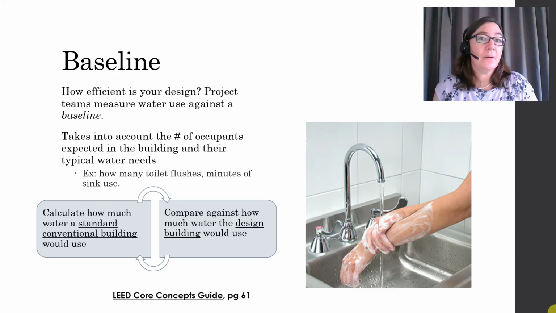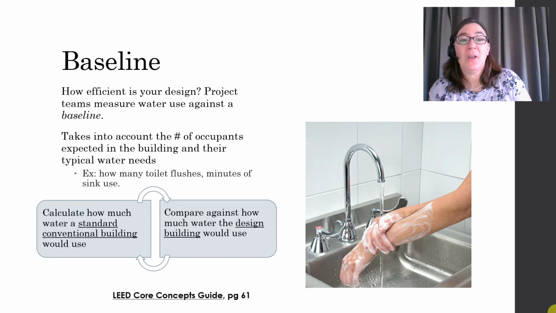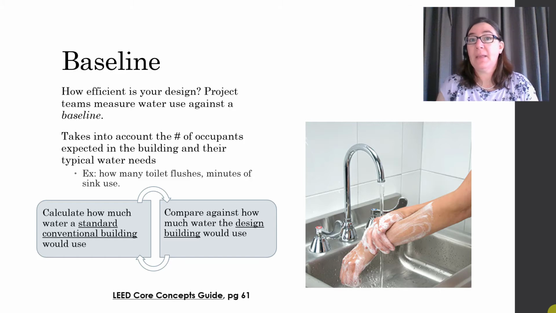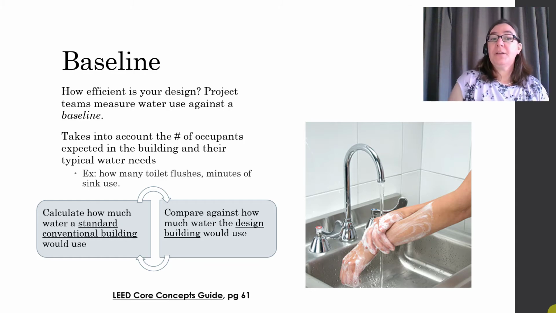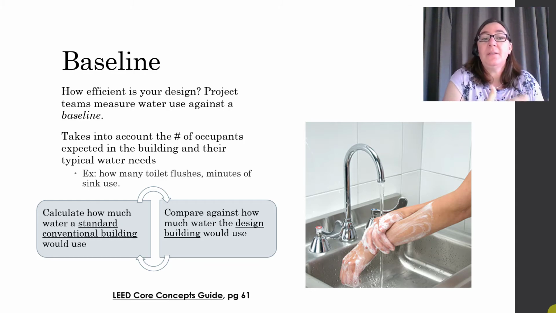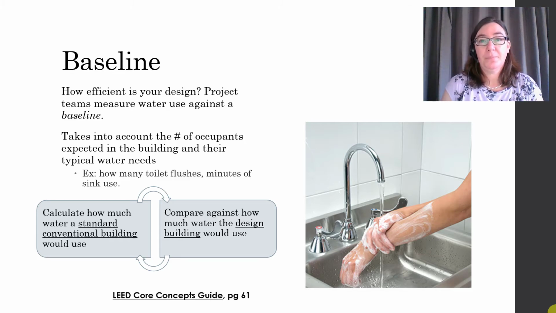There are standard amounts that will tell you how many toilet flushes and minutes of sink use can be expected for those occupants per day. So to use a baseline, a project team is going to calculate how much water a standard or conventional building of the same use and the same number of occupants would use. Then they calculate how much their design building is going to use and compare the two.